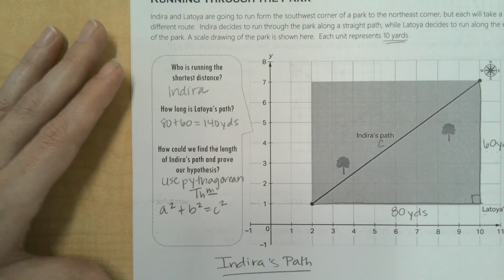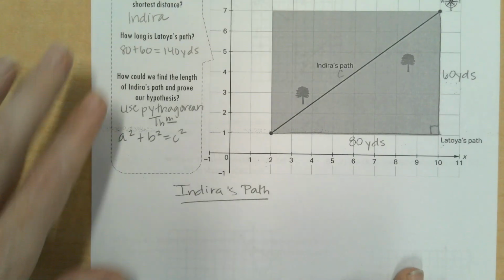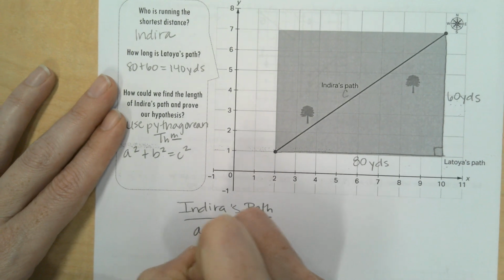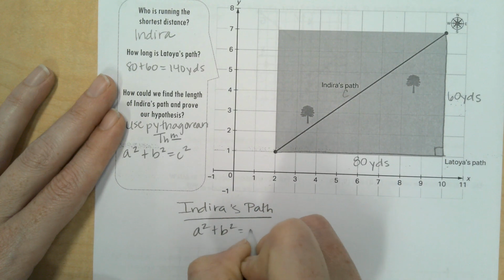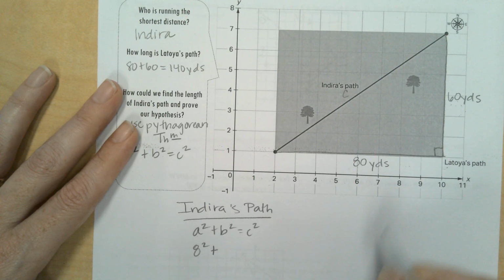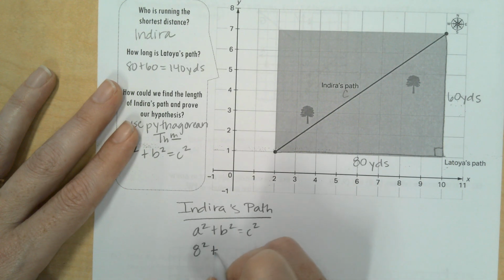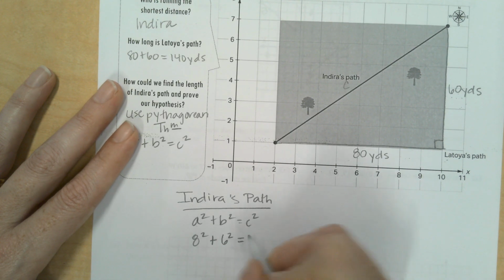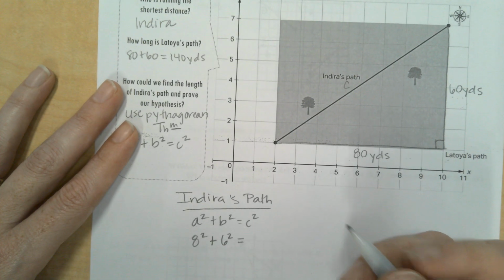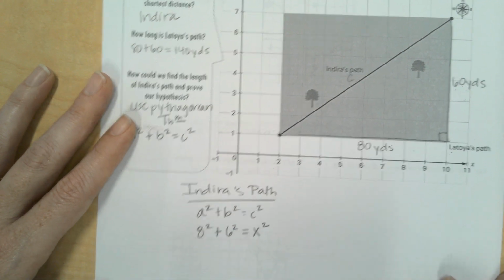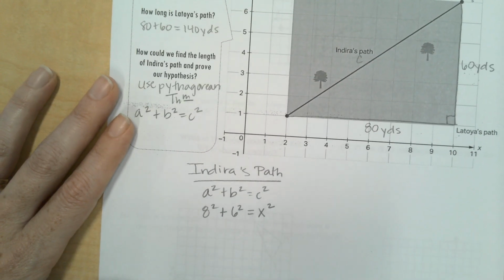So let's use 8 and 6. Remember we're using a squared plus b squared equals c squared. A, I'm going to put 8 squared plus B, I'm going to use 6 squared, equals C squared. I prefer to write X, so I'm just going to write X. You can write C if you want. Doesn't really matter. We just need an unknown. We don't know it.